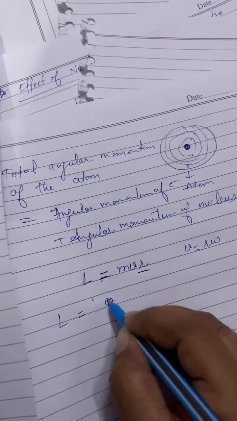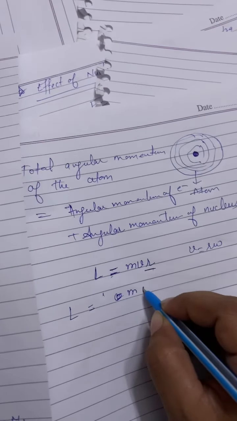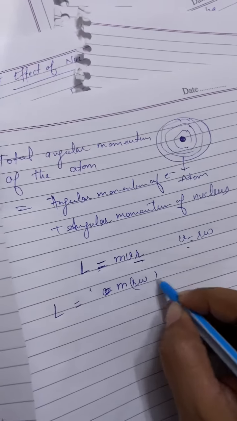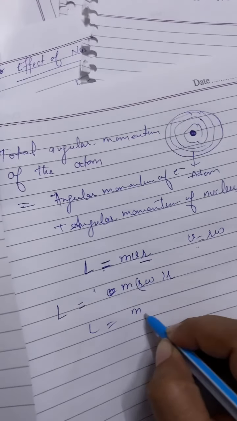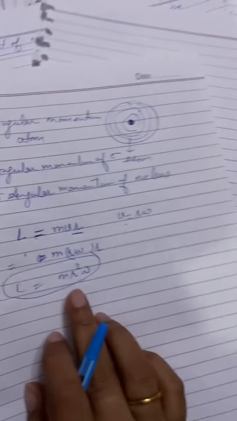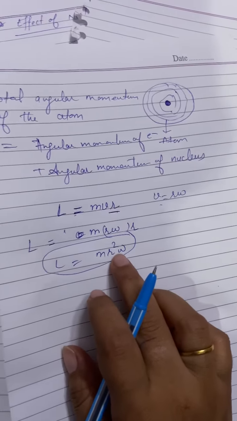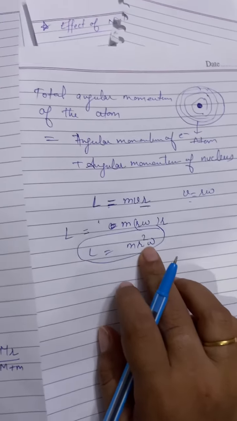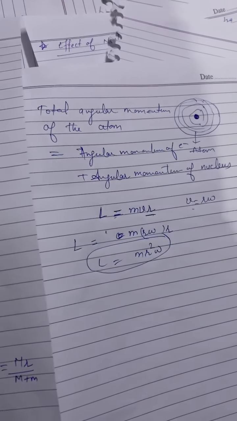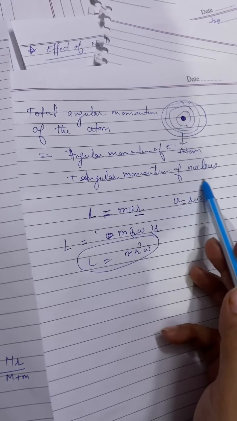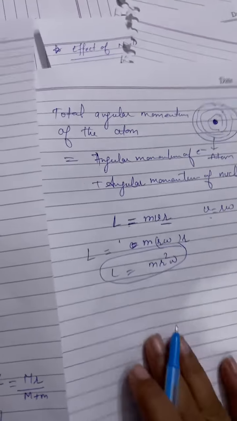So this form can be written as m v r, by putting the value of v as r omega, is equal to m r square omega. This form is when the perpendicular distance is r of the rotating particle. Now in this case, the particle is the nucleus that is revolving around the center of mass.